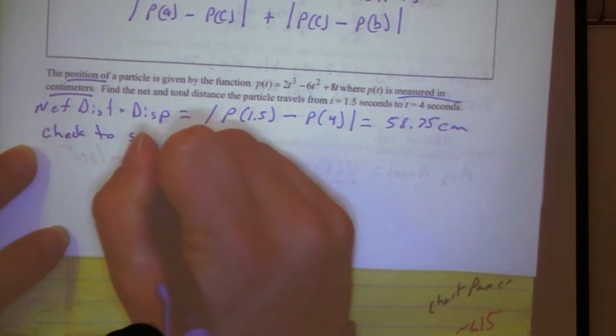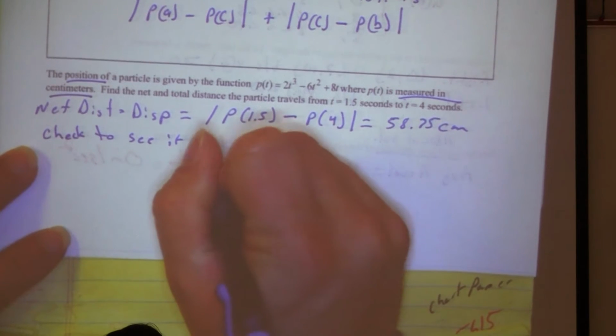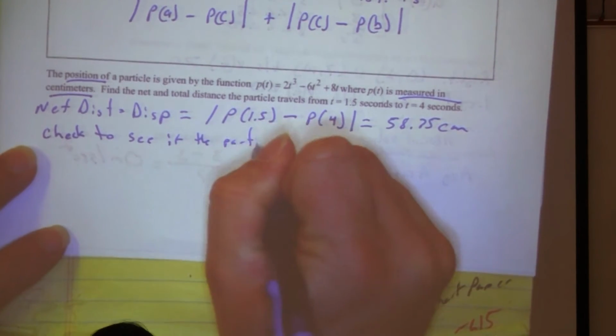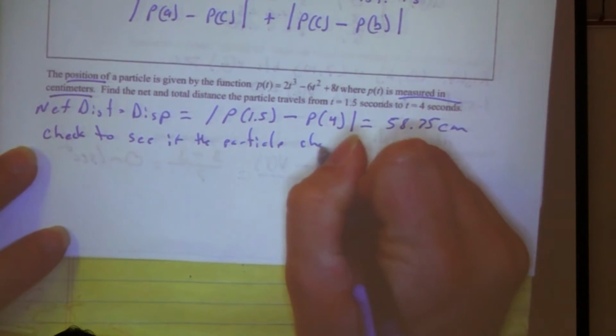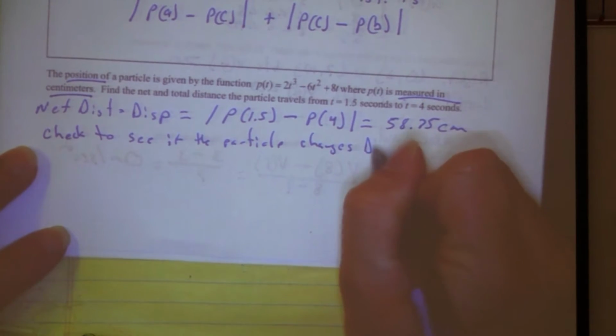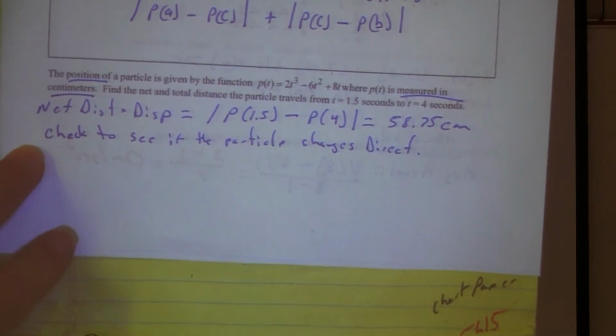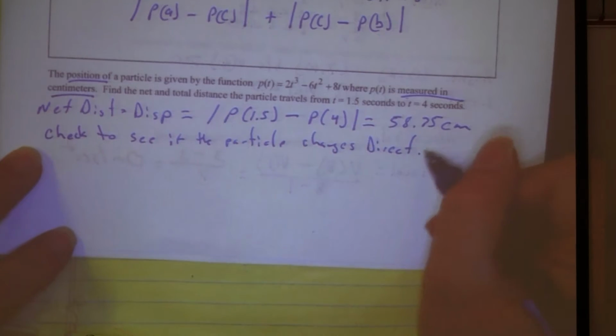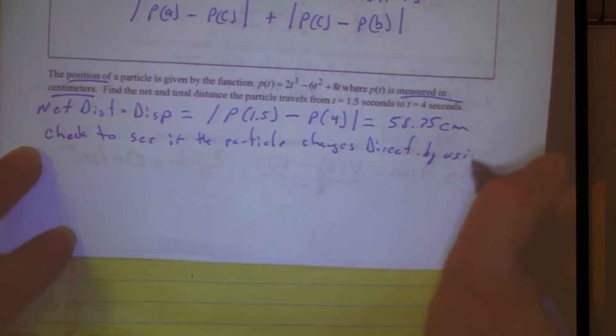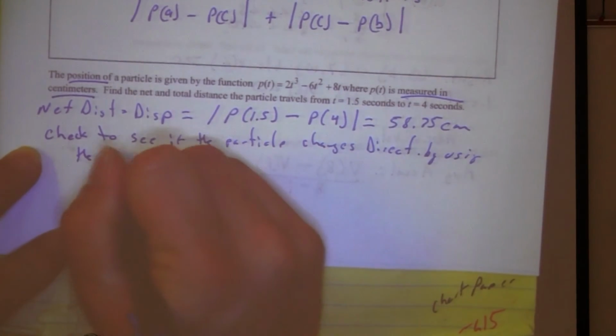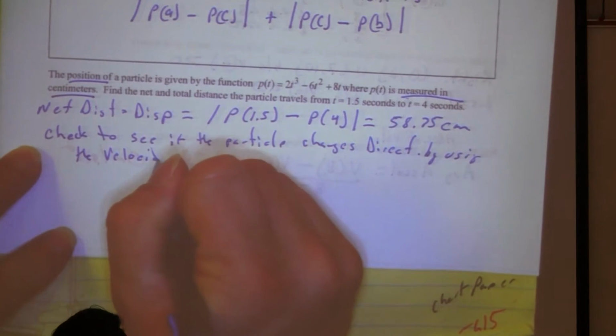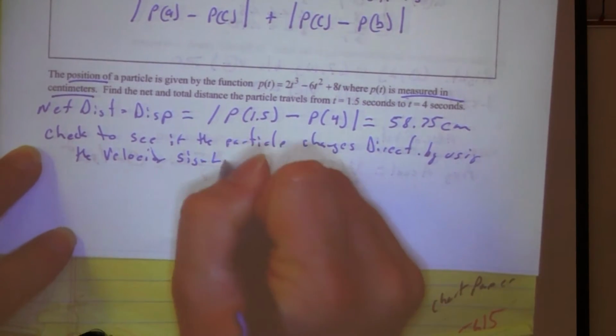Check to see if the particle changes direction. Okay? By using what? The velocity sign line.